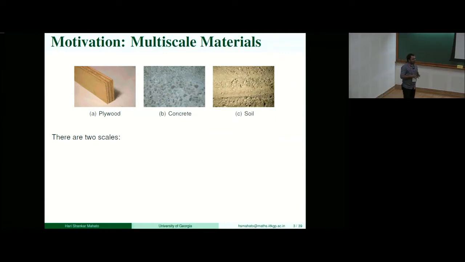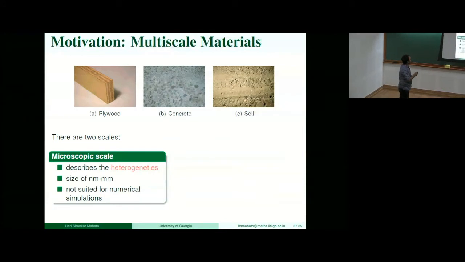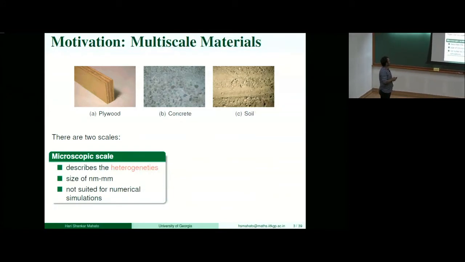But in order to analyze the overall behavior of this new material, you have to categorize it into different scales. For example, you can visualize concrete, plywood, or even soil as a multiscale material.